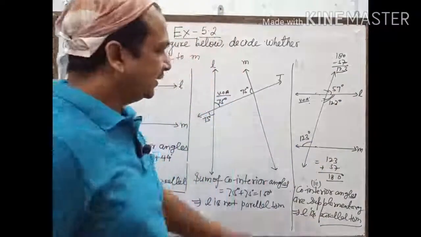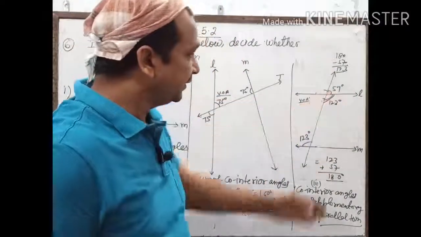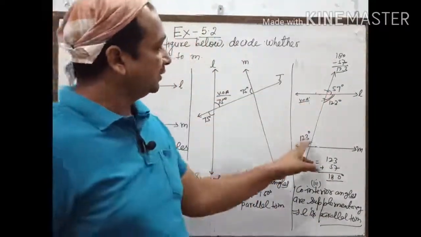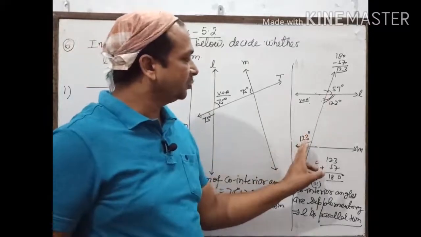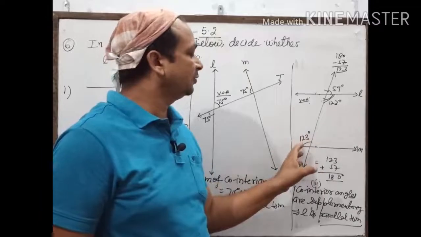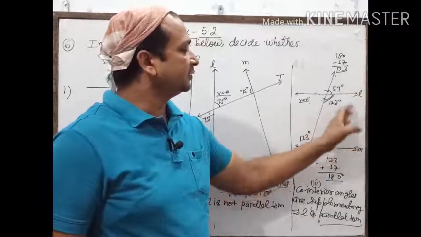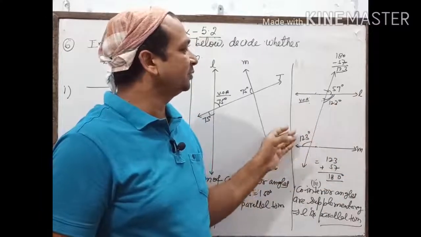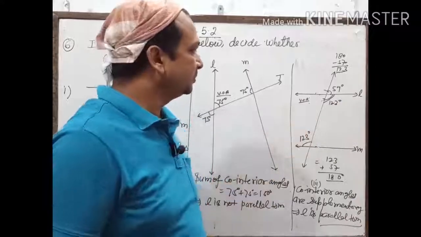Then we see that these two angles are alternate interior angles, and here alternate interior angles are equal. Then we know that if alternate interior angles are equal, then the intersected lines are parallel. Then this concept may be used here.